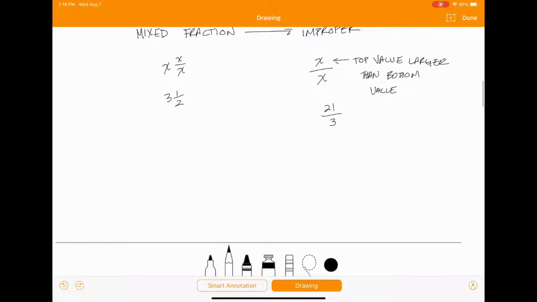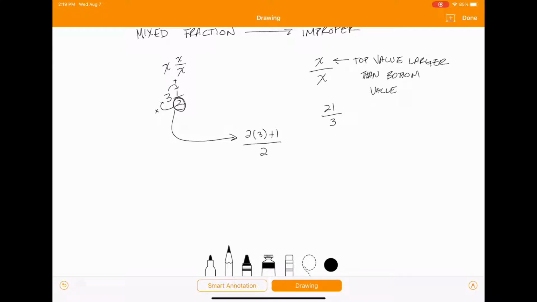So if you want to go from a mixed fraction to an improper fraction, all you're going to do is take your bottom times your whole number, add your top number, and place that value on top of your bottom number. So 3 and 1/2 would be 2 times 3 plus 1 all over 2. So you'd end up with 7/2.